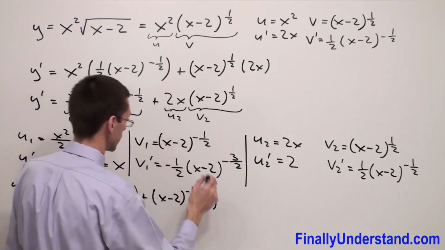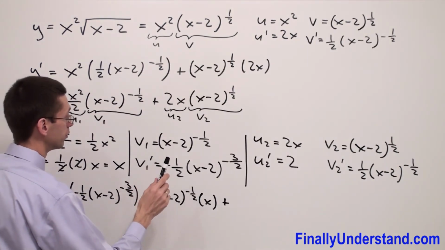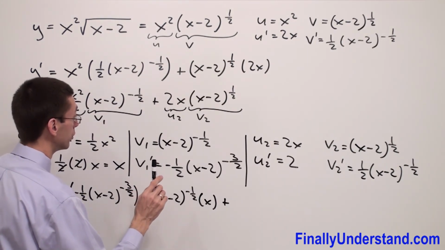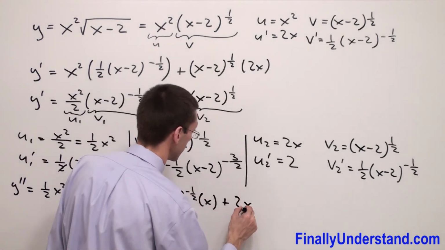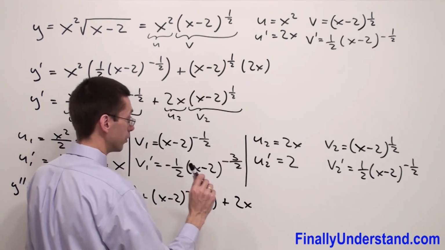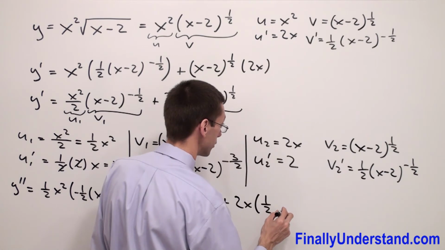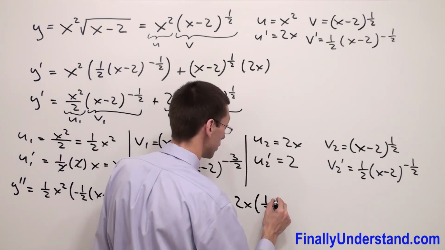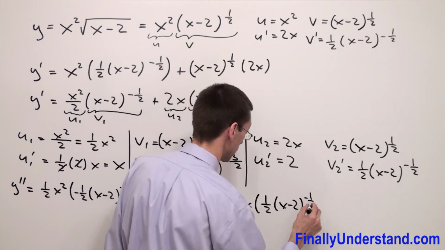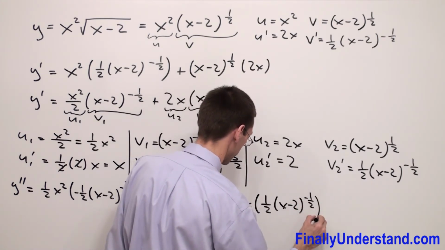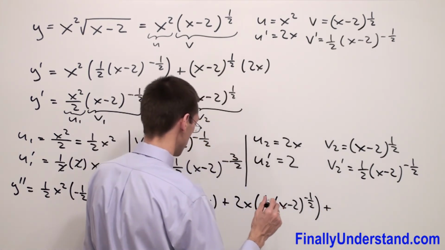So next I have to go to the second one, plus, again, the derivative for the product, u. In this case, it's going to be u2. So I have 2x times v2 prime, 1/2 (x minus 2) to power negative 1/2, plus v2.